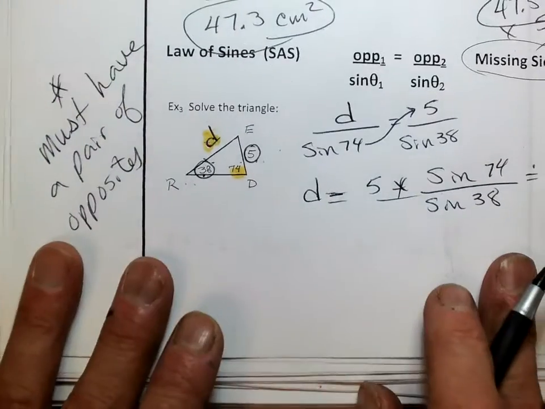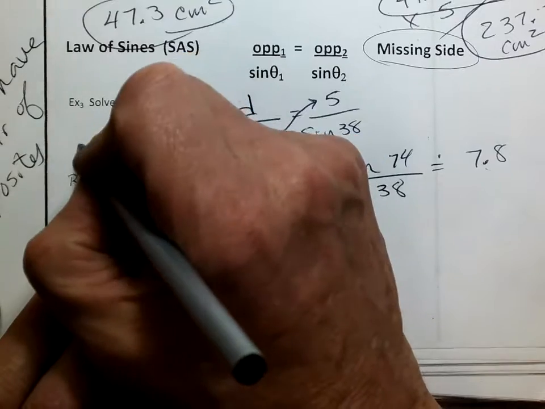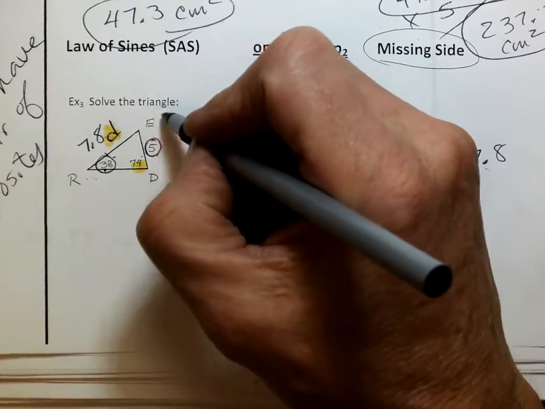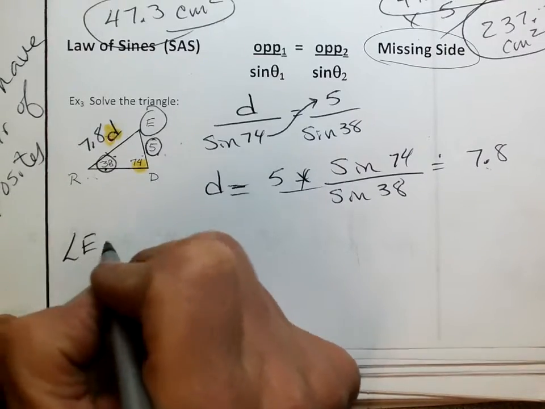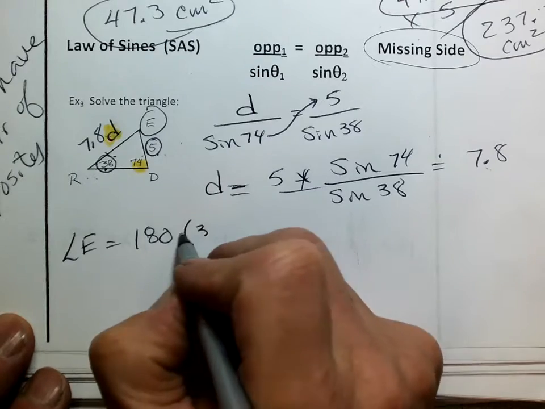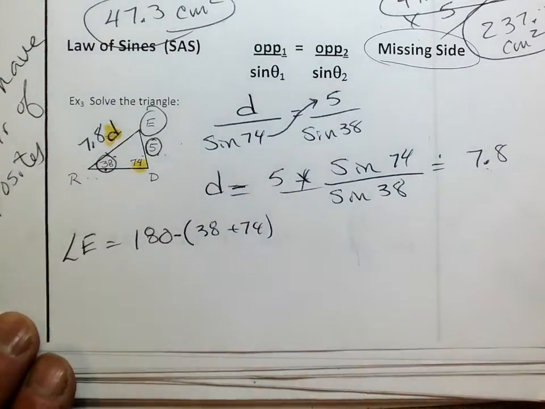I'm going to put that into my triangle. My calculator gave me an answer of 7.8, so I'll put 7.8 there. All right, now, what can I find next? Well, how about angle E? I can find angle E pretty easily because we know in a triangle there's 180 degrees. So angle E is equal to 180 minus my 38 plus my 74, and that'll give me the third angle.